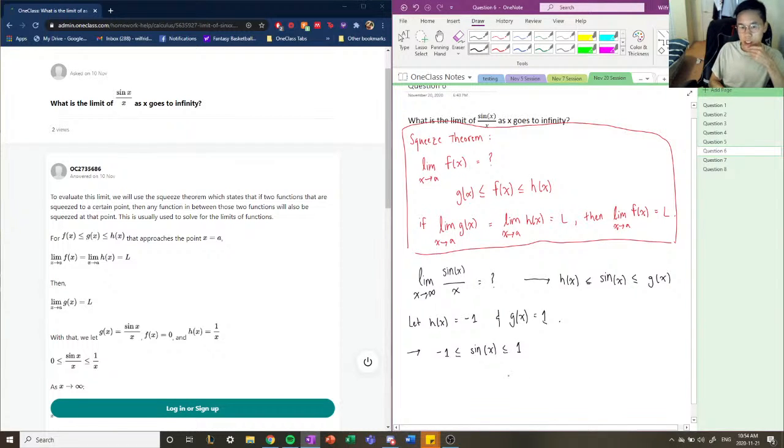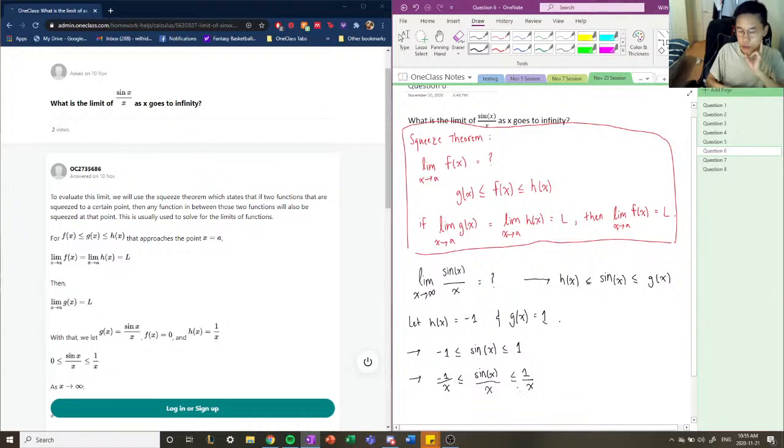As you can see here, this is basically what sine is, right? It ranges between 1 and -1. It never goes greater than 1, never goes less than -1. So we have found a squeeze, but this is not actually our function here, right? This is just sine of x. So why don't we divide our whole inequality by x? If we divide our whole inequality by x, we get negative 1 over x less than or equal to sine x over x less than or equal to 1 over x.